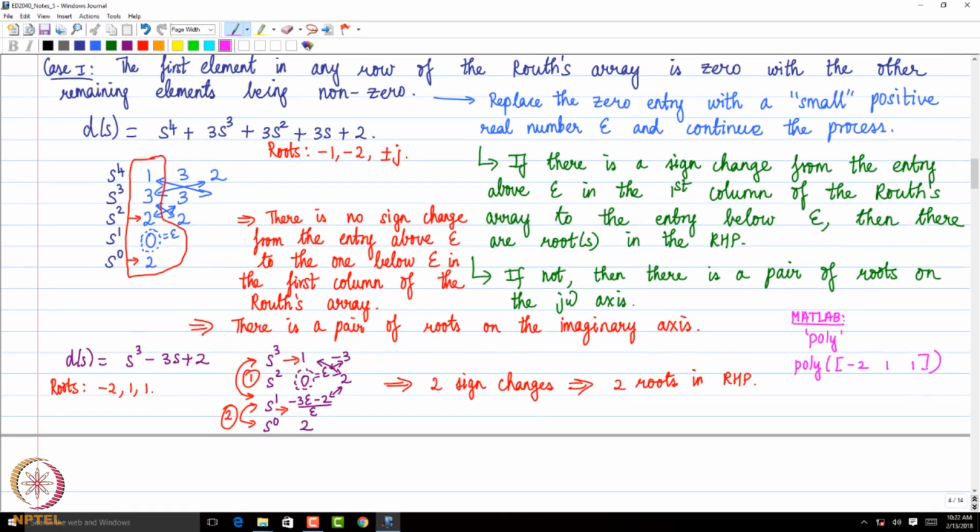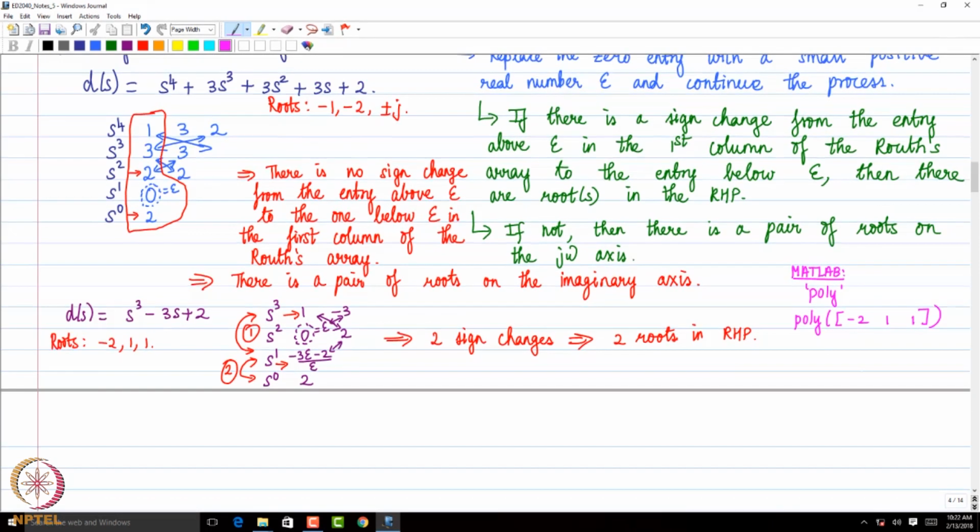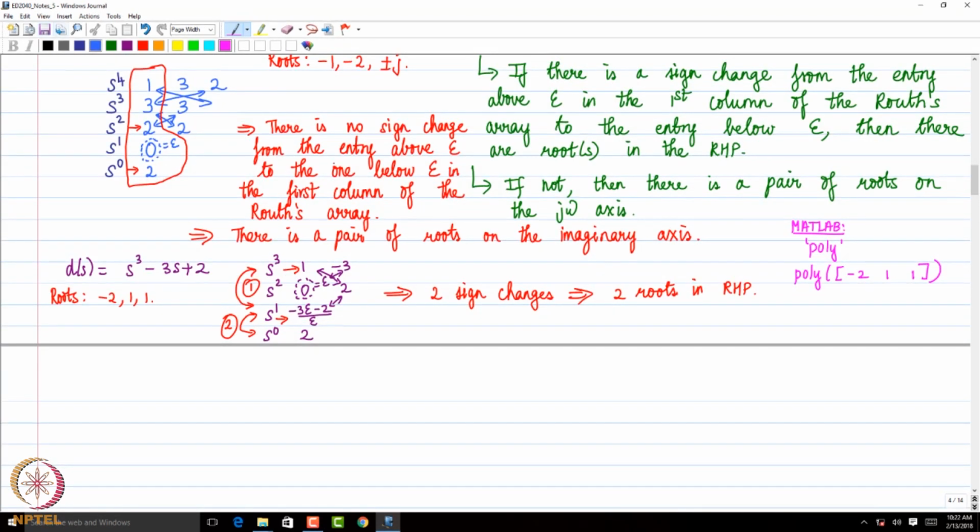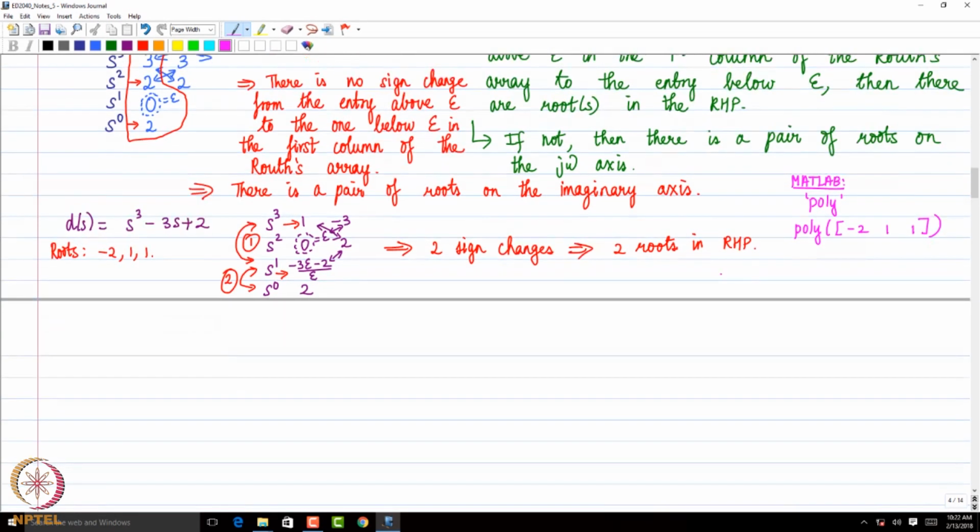This will give me the coefficients in sequence, the answer as 1, 0, minus 3, 2. So that will help you in constructing polynomials, so that you can verify. If I'm given a polynomial, you use the roots command to get the roots. If you are given the roots and you want to find the coefficients of the corresponding polynomial, use the poly command. This can help you in playing around and figuring out various special cases. Please try it out.